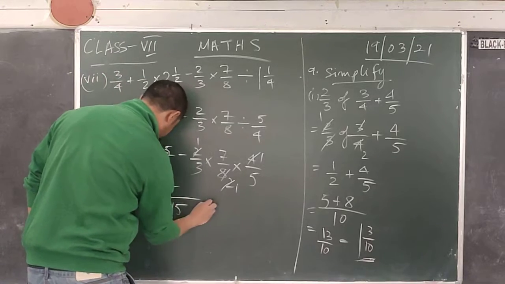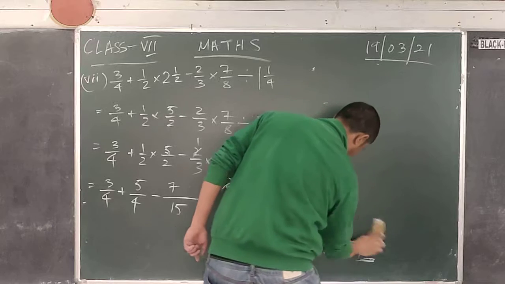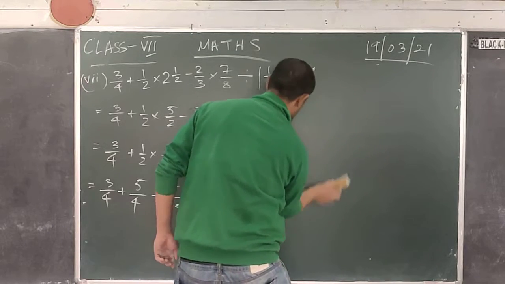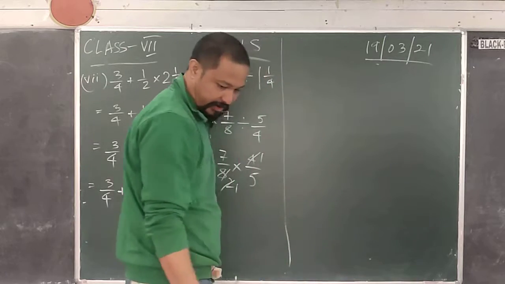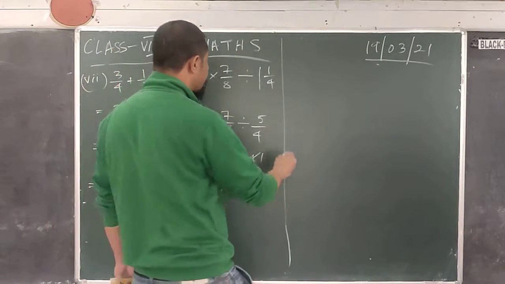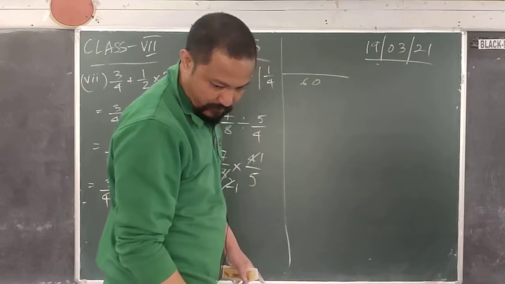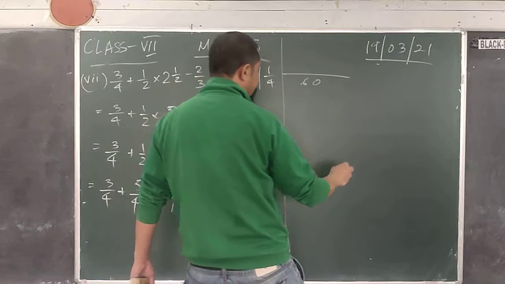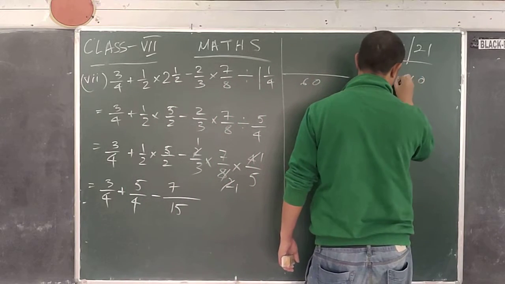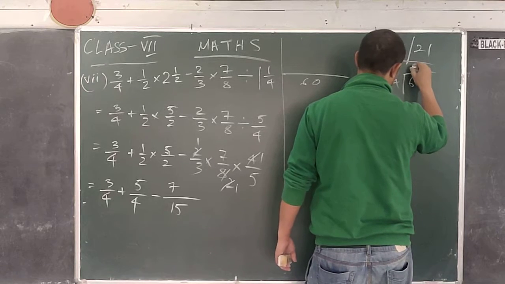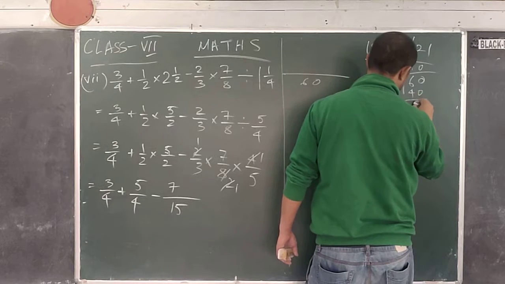So it has come down to this. I'll move this sum to this side since there's no space on the board. Okay, so for 4 and 15, the LCM comes to 60. So 4 and 60 divided by 4. 4 1s are 4, 4 10s are 50.